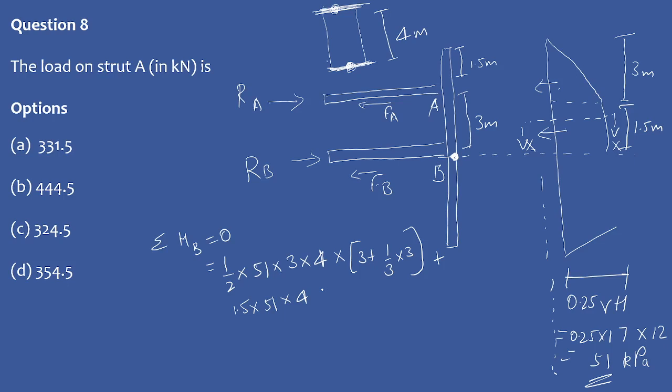So this is RA, this triangular force, this rectangular force, and then we'll have the RA. So the reaction at A will be given as minus 3 into RA. This will be the overall moment about B. So if we calculate 3RA, so 51 into 3 into 4 into 0.5 into 3 plus 1.